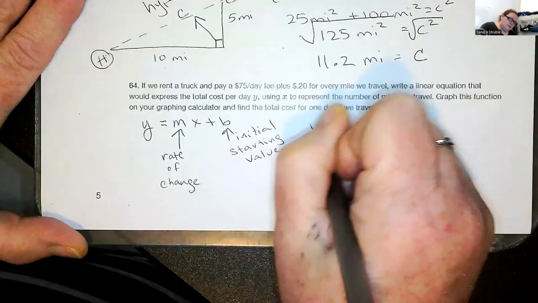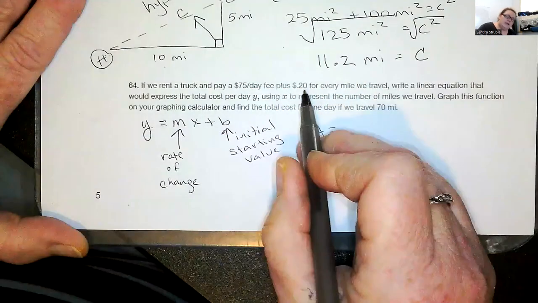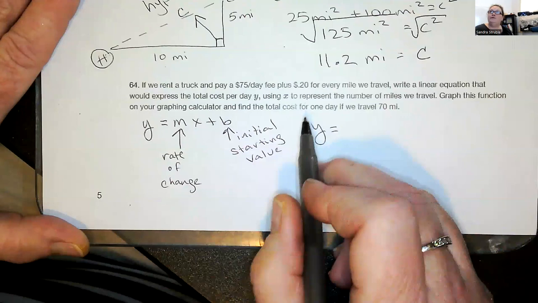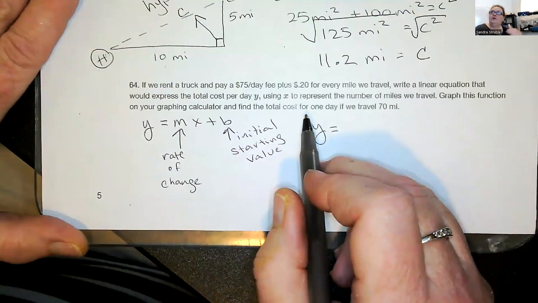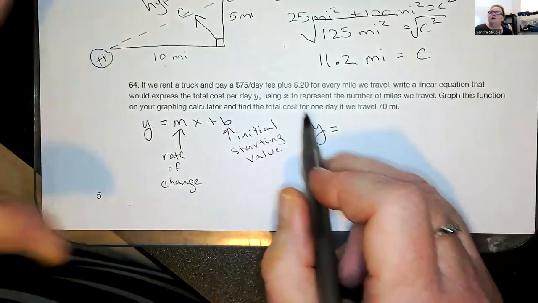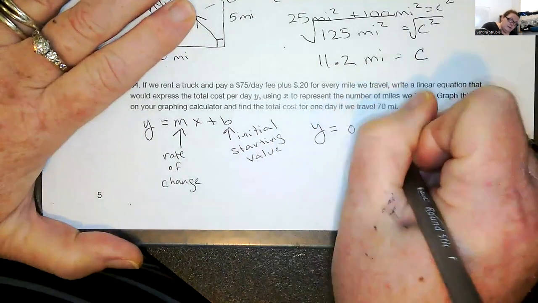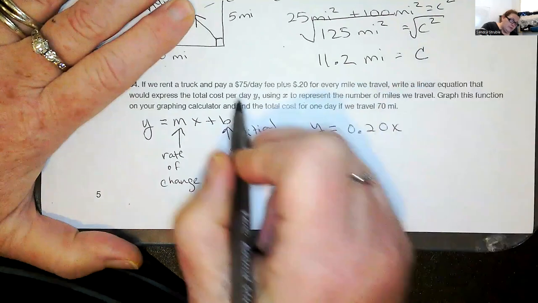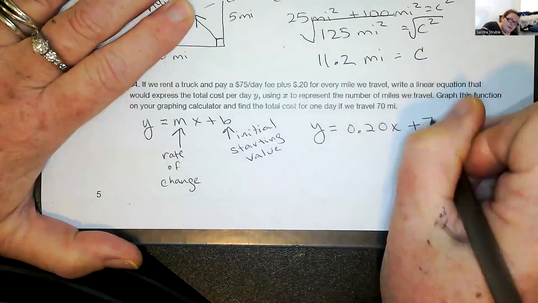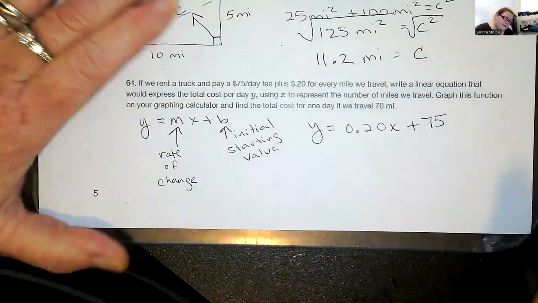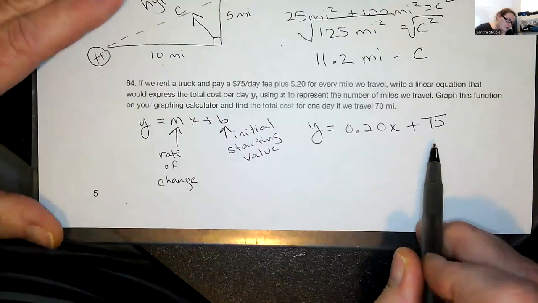So Y equals the rate of change, which is the only thing that's going to affect this as the input changes, and that's the 20 cents because it's per mile. And then the original starting fee is positive 75. So there is our function.